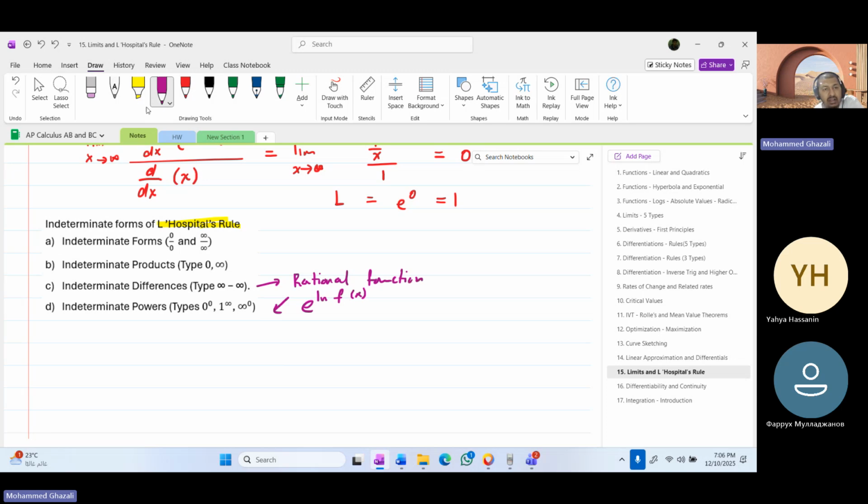And remember, this is your main rule: you must get 0 over 0 or infinity over infinity to apply derivative on top, derivative at the bottom. For 0 times infinity, you need to take one of the functions in the denominator, one in the numerator. You have to convert to f over g.